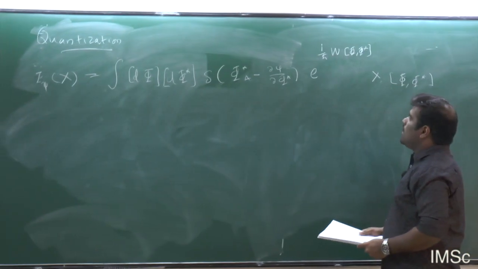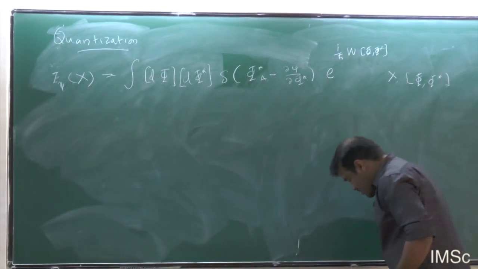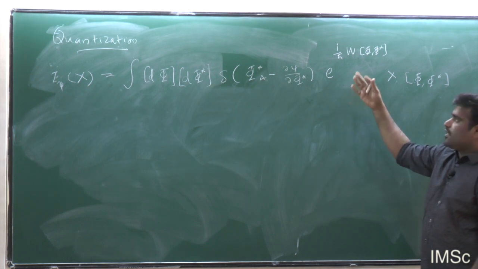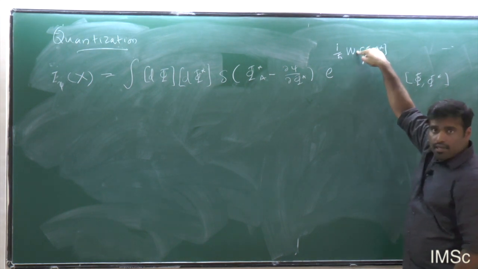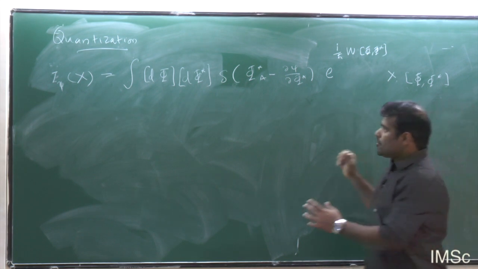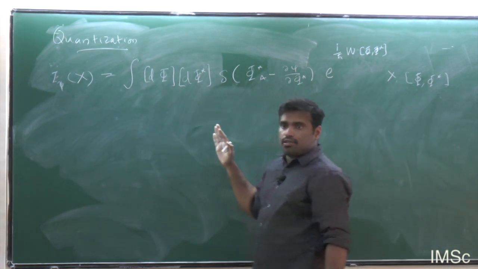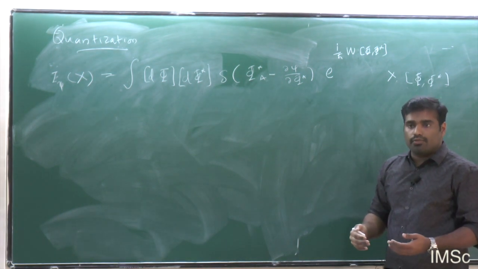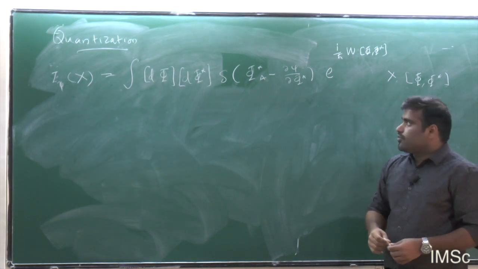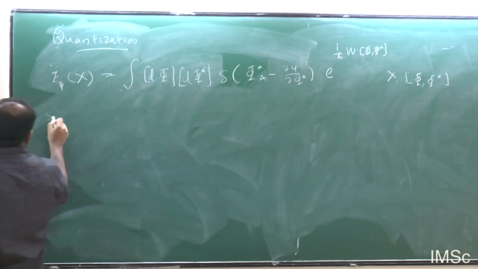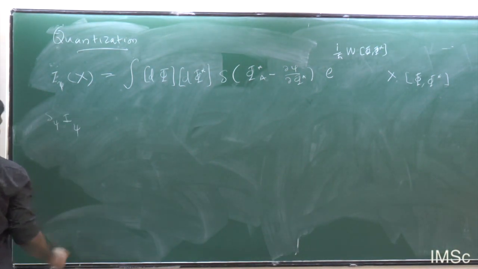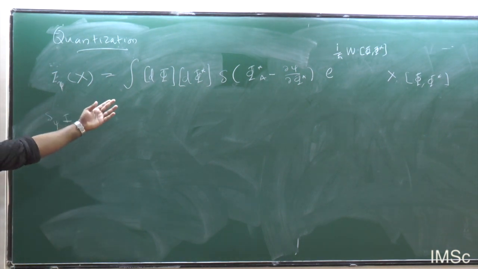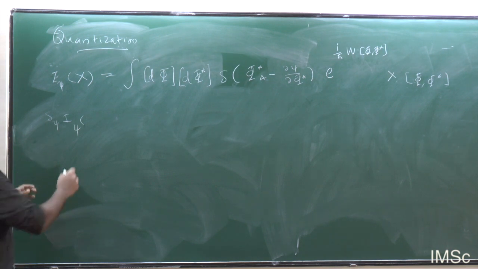Now, one should remember that I introduced a gauge fixing fermion here. Now this definition is consistent. I will explain what W is, but before that, one should remember that I used a particular gauge fixing. The final quantization should not depend on what gauge fixing fermion I used. So this object should be invariant when I deform this path integral with a small deformation of the gauge fixing fermion psi.